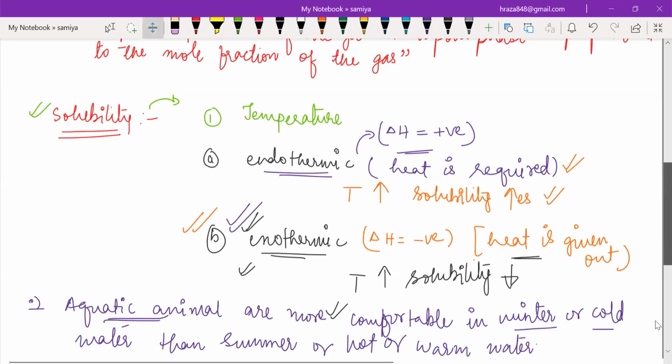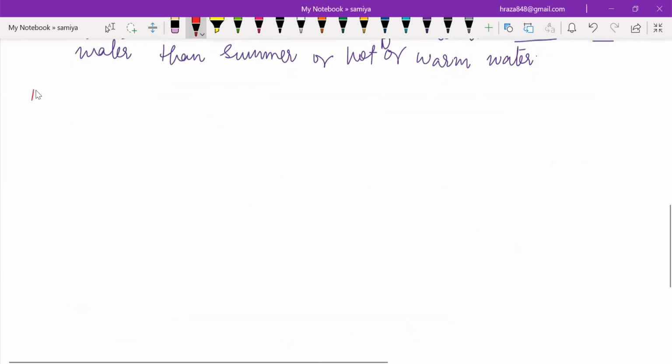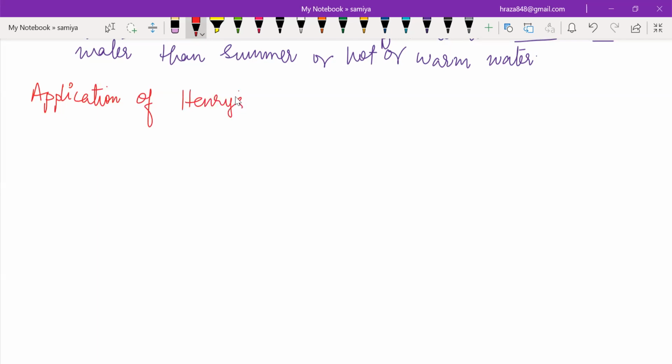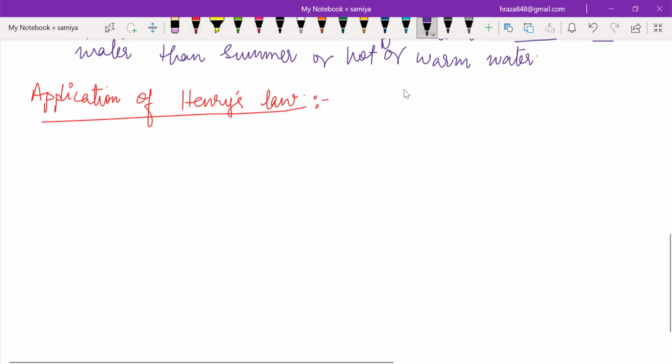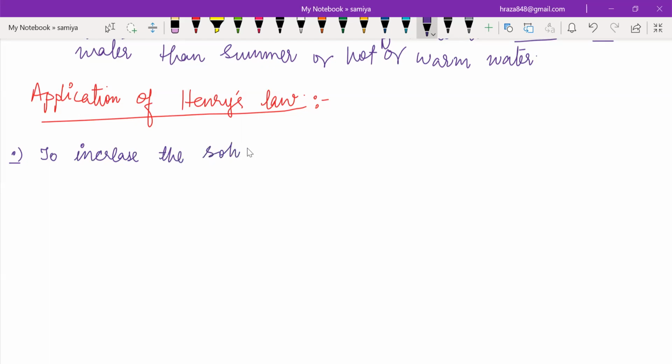Very good. Now see, we have applications of Henry's law. There are a lot of applications of Henry's law. The first is basically CO2: to increase the solubility of carbon dioxide in soft drinks by increasing its pressure.